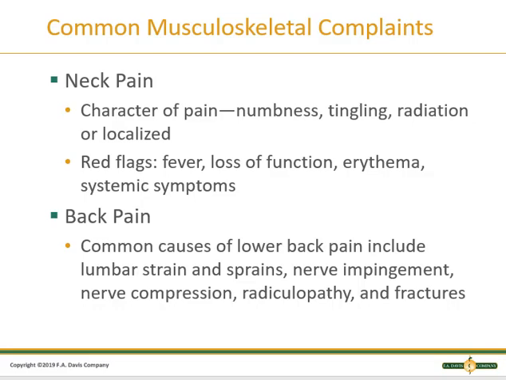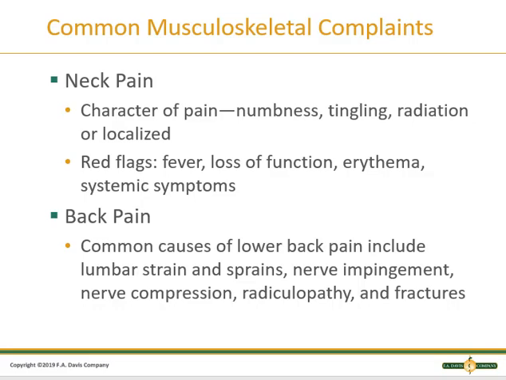Common causes can include lumbar strain and sprains, nerve impingement, compression, radiculopathy. It could be related to fractures. The most common cause of lower back pain is strain and sprains, and this occurs when the muscle or the ligaments in the lower back are stretched, causing some microscopic tears. And sprains are caused by the overstretching or tearing of the ligaments.